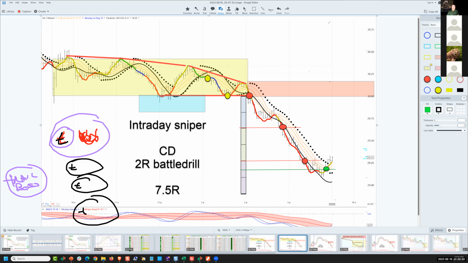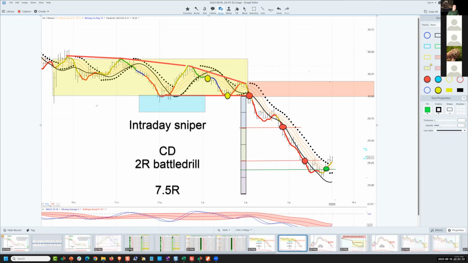In fact, what I really have is maybe 5 or 6, or let me draw it better. Maybe I have 5 little fires that I'm stalking.